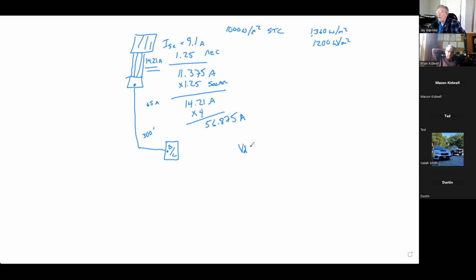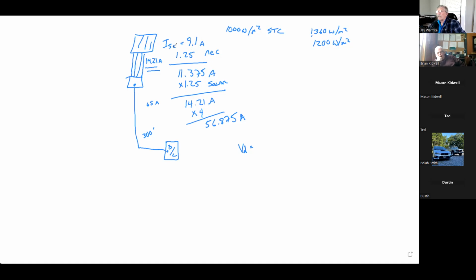So voltage drop equals, well, what would be my amps? Now in this case, we don't want this number, 56.875. That's the derated amperage. We want to know what are the actual amps.